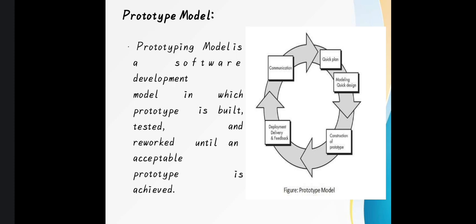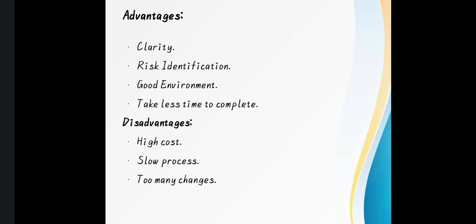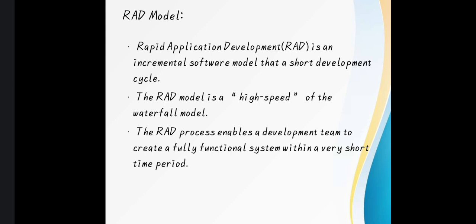Prototyping model is a software development model in which a prototype is built, tested and reworked until an acceptable prototype is achieved. Advantages of prototype model are clarity, risk identification, good environment, takes less time to complete. Disadvantages of prototype model are high cost, slow process, too many changes.